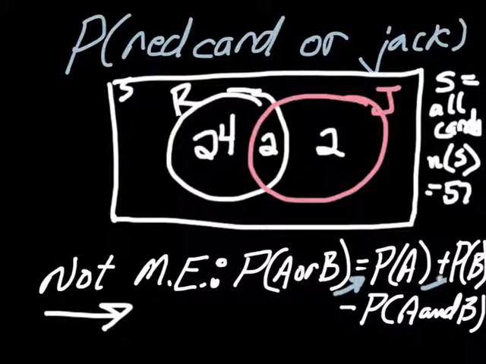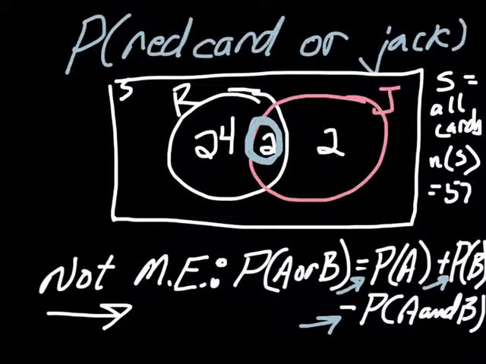The number of jacks we have, that one right there in the formula, is equal to 4. But what have we done if we take 26 plus 4? We have actually counted these 2 that are red jacks twice. So what you have to do is subtract it out.